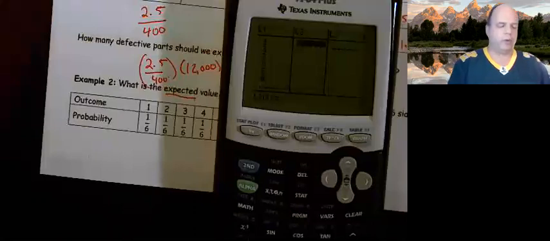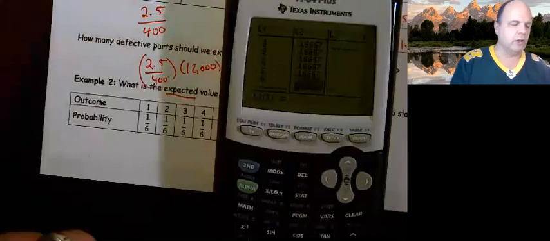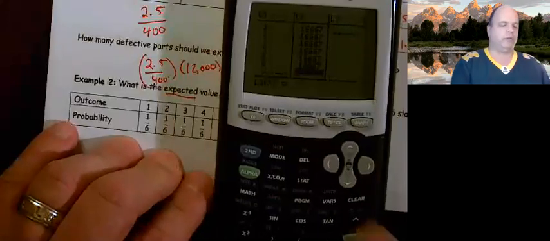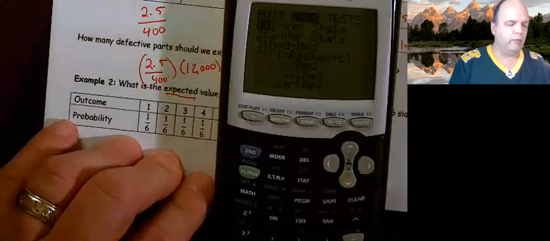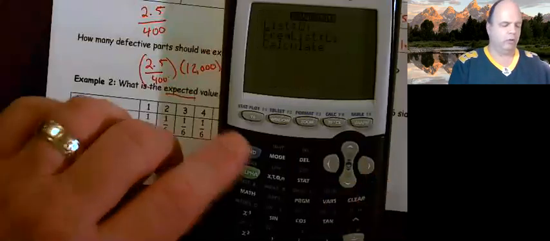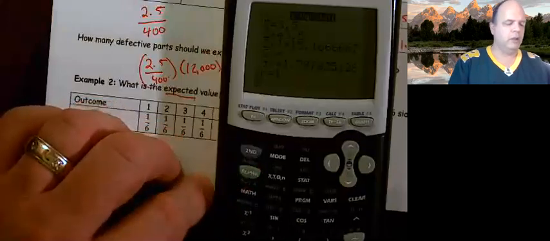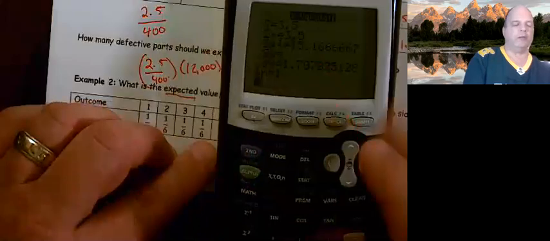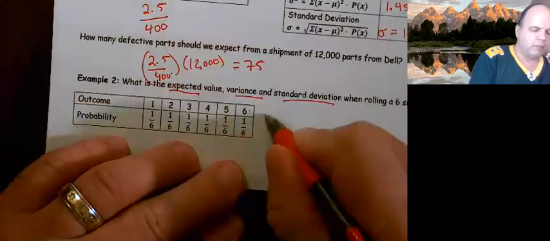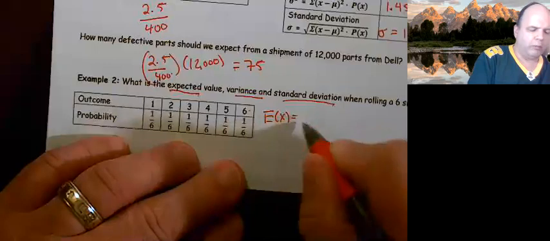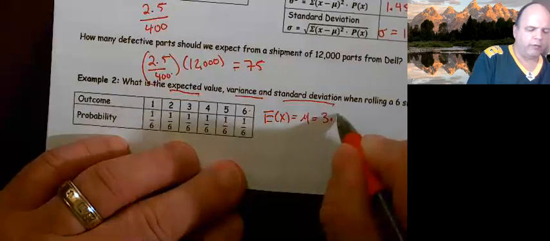Well, those are fractional, so what do I need to do? I'm going to just put 1 divided by 6, and keep repeating that. 1 divided by 6, enter, and 1 divided by 6, enter. Once I have all those entered, I'm going to go stat, calc, one variable statistics, second 1, second 2, and X, my expected value, or mean, equals 3.5.